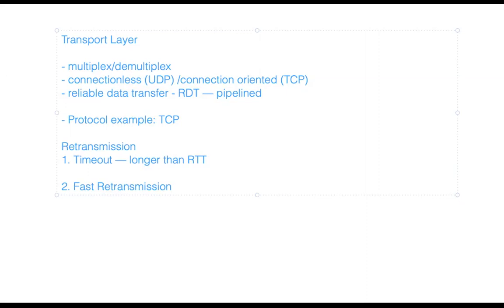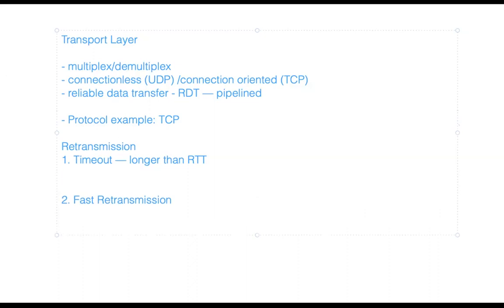Usually getting three duplicate ACKs requires a much smaller time than the timeout. So we will see what happens with fast retransmission.